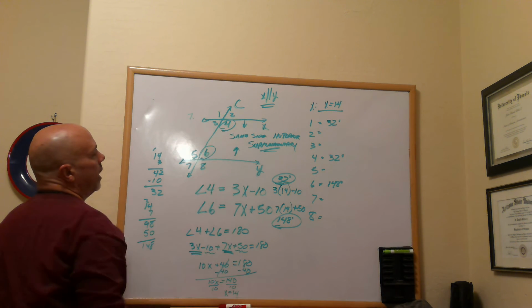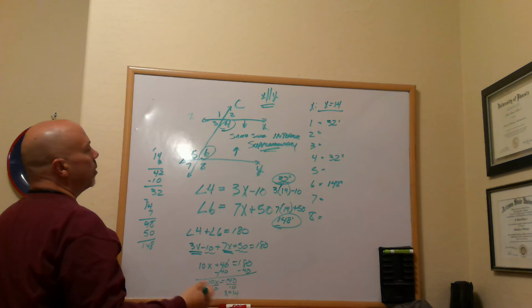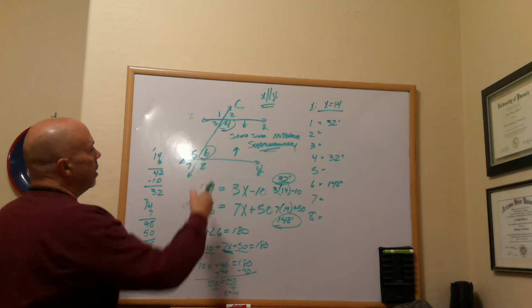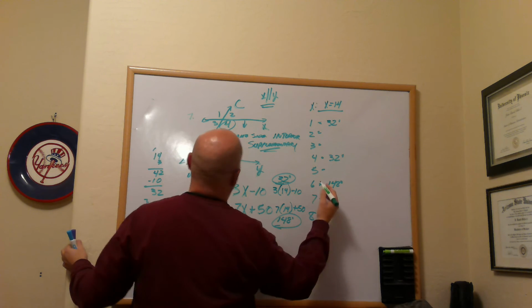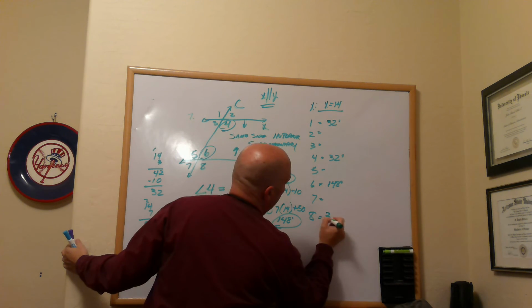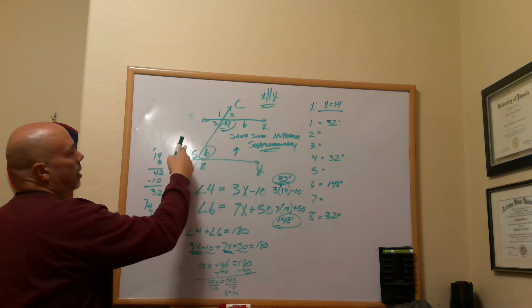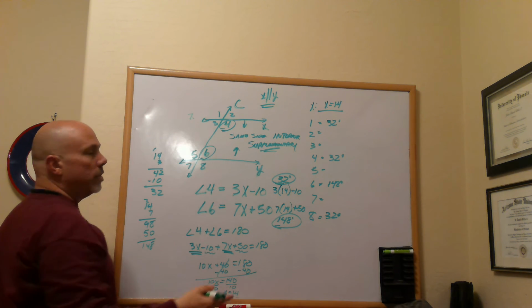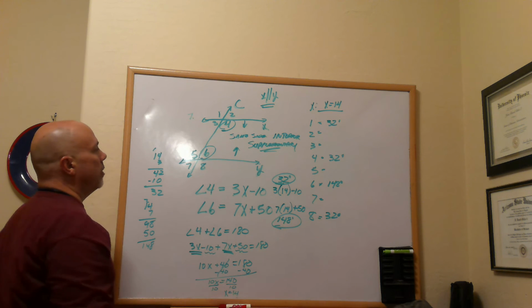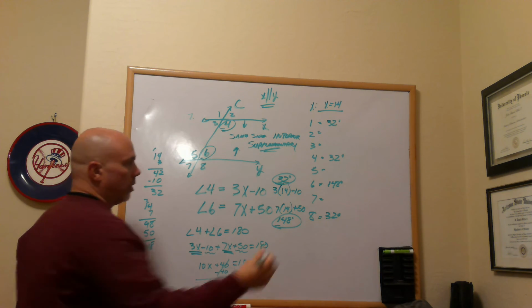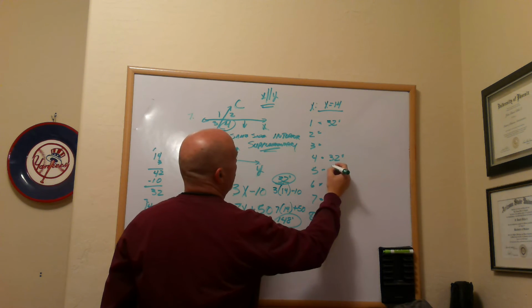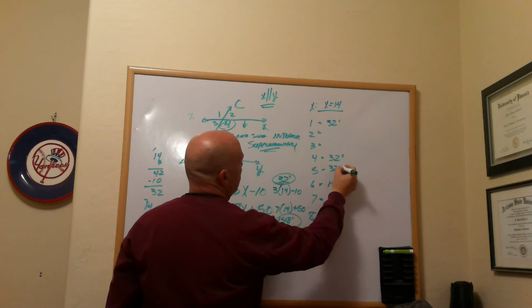So angle 4 and angle 8 are also congruent because corresponding angles are congruent. So the value for angle 8 is also 32 degrees. And if angle 8 is 32 degrees, I would know then that angle 5 is also 32 degrees because, as we talked about several times in class, vertical angles are also congruent.